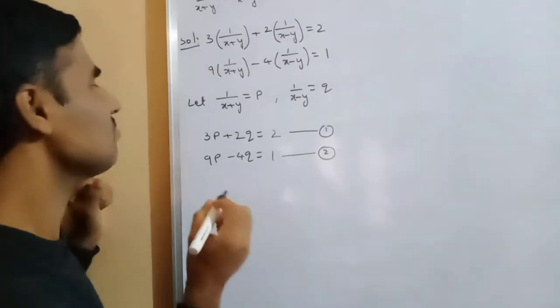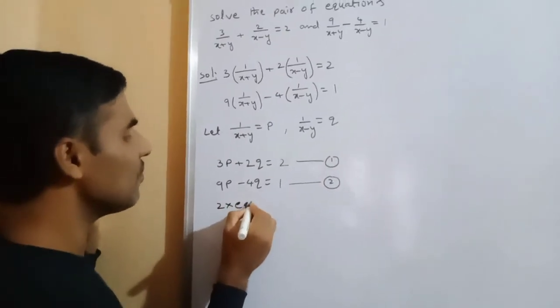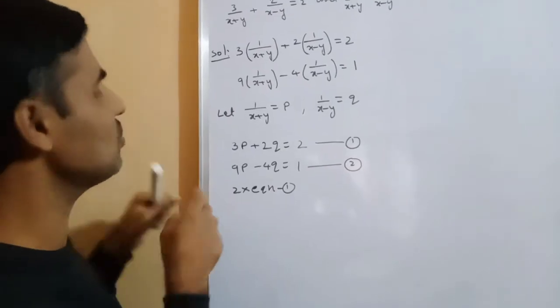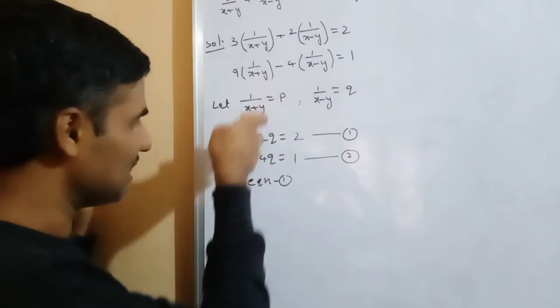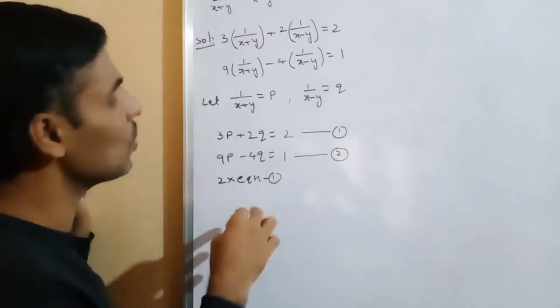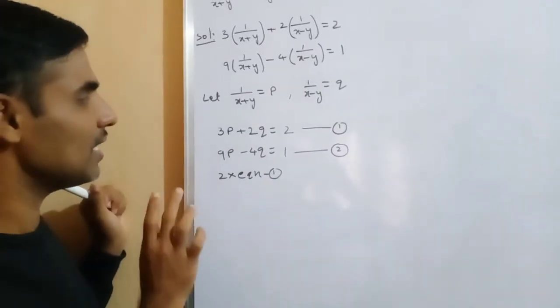I am multiplying equation number 1 by 2. We could also multiply by 3, your wish, but 2 is a small number, so it gives easier simplification.